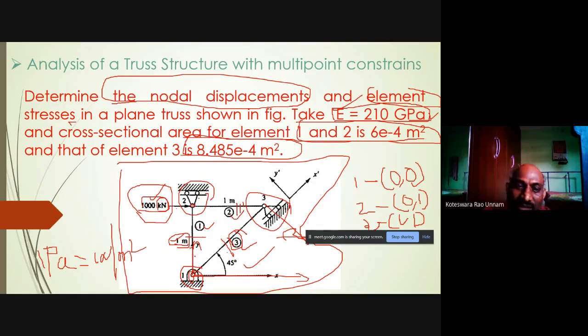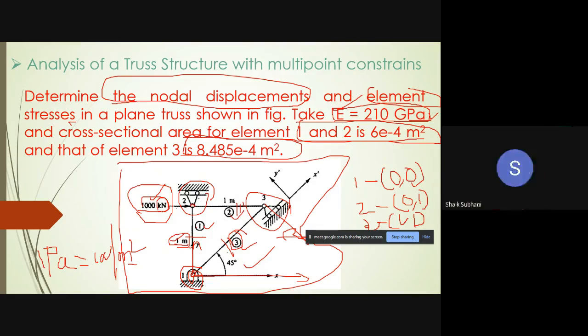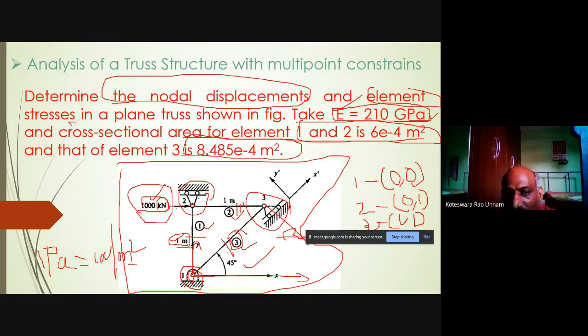The length in meters is no problem, meter square you can use here, but you have to take the load as 1000 into 1000, which is 1000 kilonewtons in newtons. Then I need to enter the Young's modulus as 210 into 10 power 9.